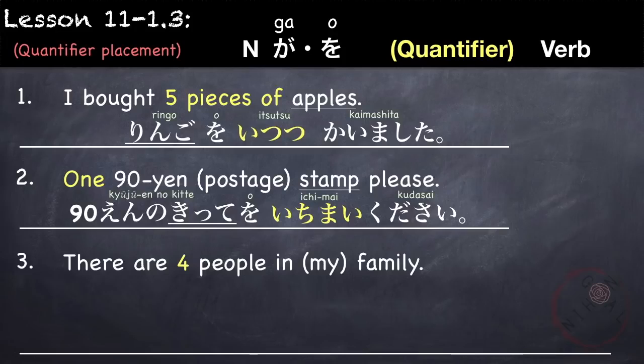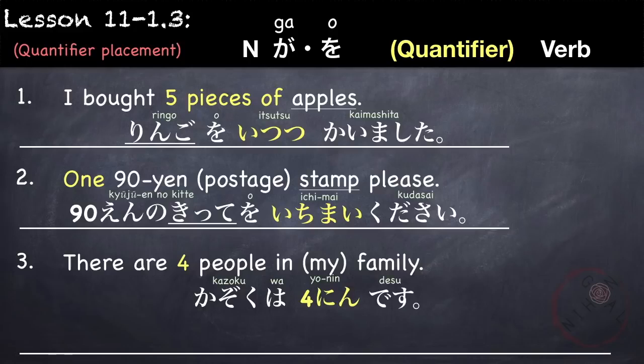To say, there are 4 people in my family, you can say, 家族は or 私の家族は 4人. So the suffix for people is nin. And 4 becomes yo. 4人です。家族は4人です。You can then add or enumerate the members of your family.